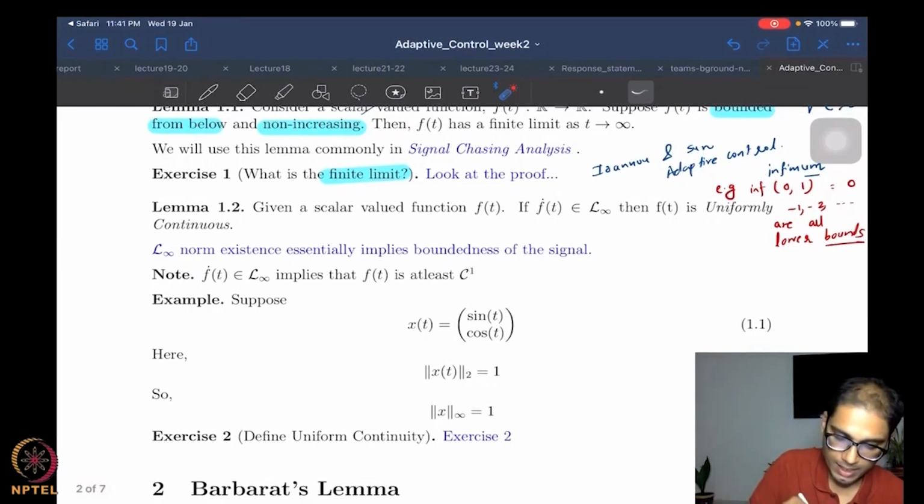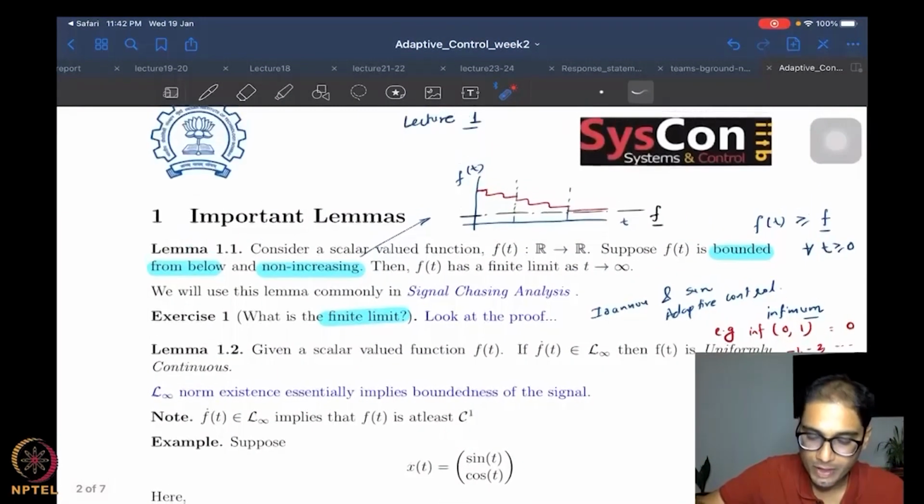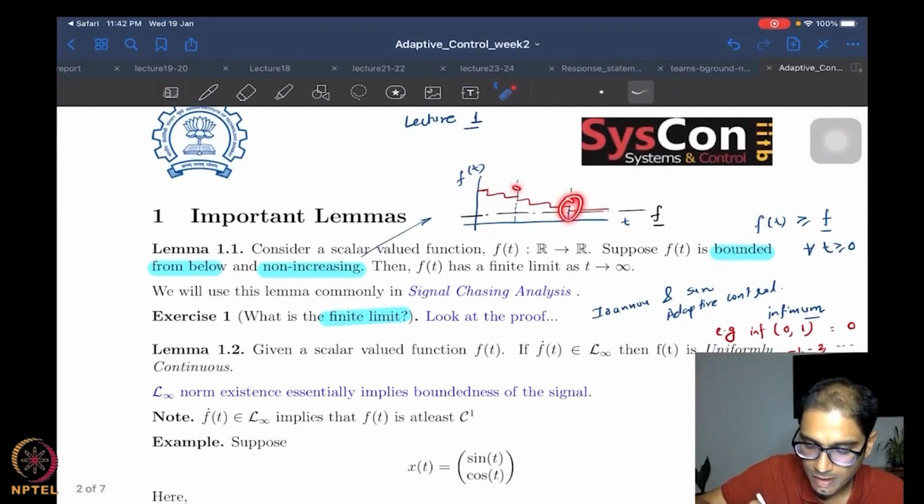In fact, this is given as an exercise, that you need to define uniform continuity. So uniform continuity is a rather special version of continuity itself. Continuity means that there are no gaps, vaguely speaking.